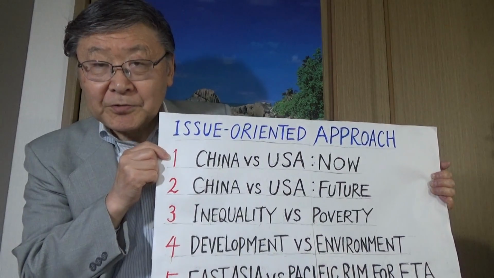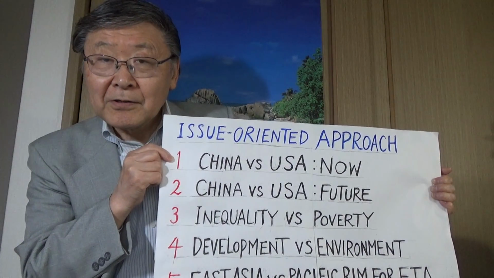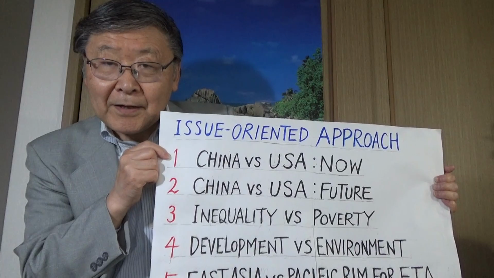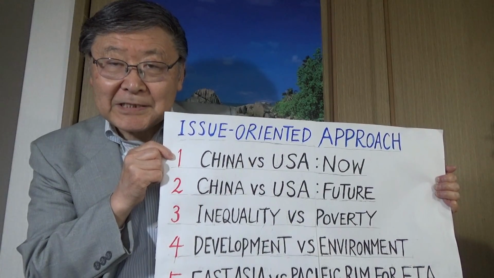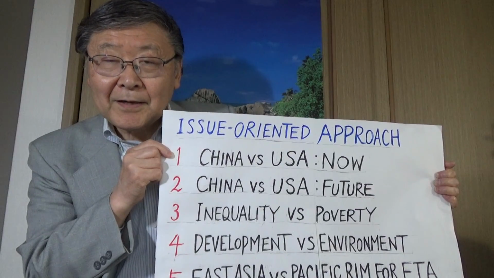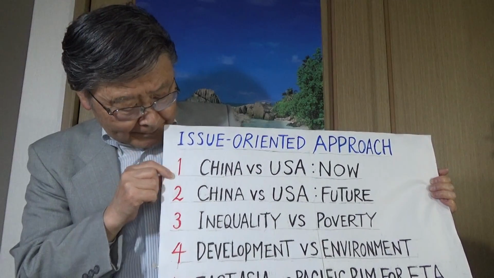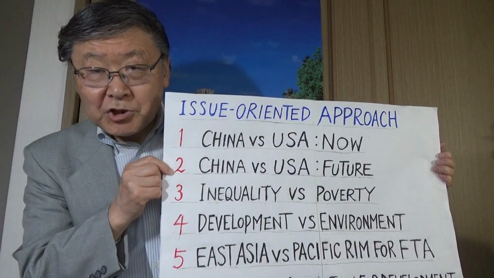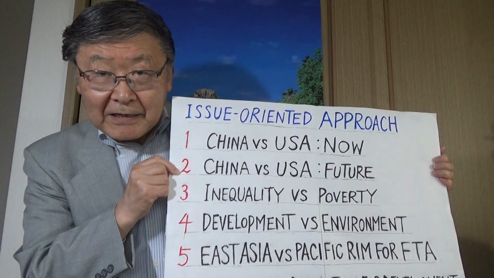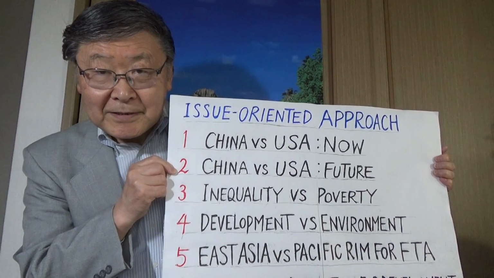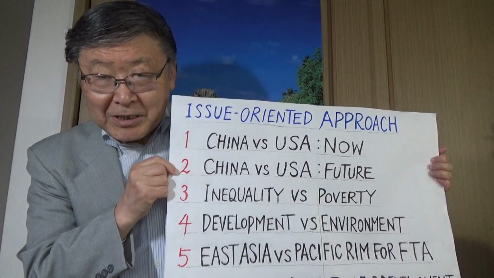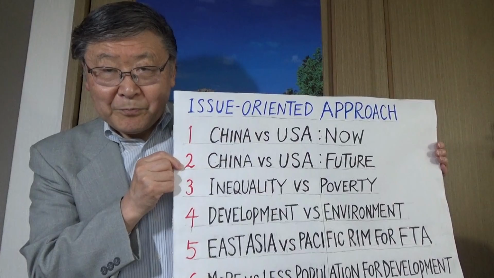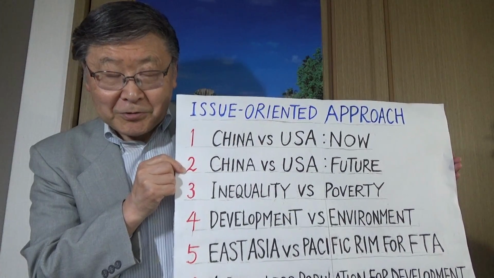China versus United States now, meaning the current situation to be analyzed by using current data. Second issue is China versus the United States in the future. So this future prediction that is very important, especially today.